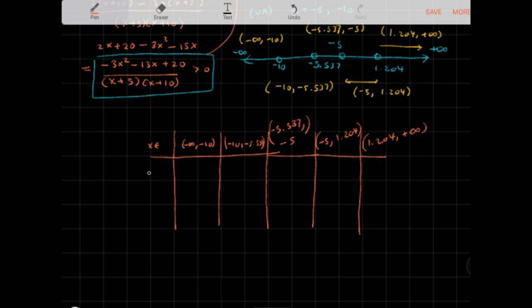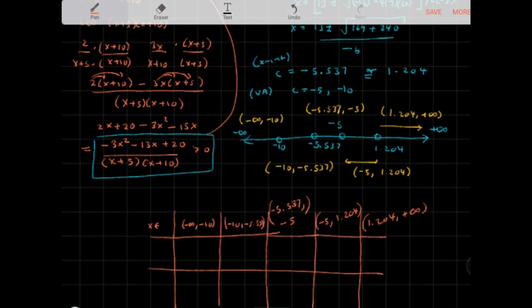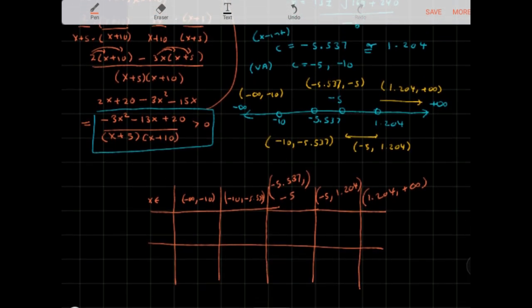And then let's place our factors. Well, some of these don't actually have a factor, but because we understand that our x-intercepts are negative 5.537 and 1.204, we could make an approximate factor just to make things a lot easier for us. So this is x plus 5.537. This is approximately x minus 1.204.